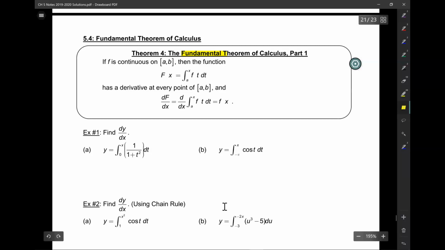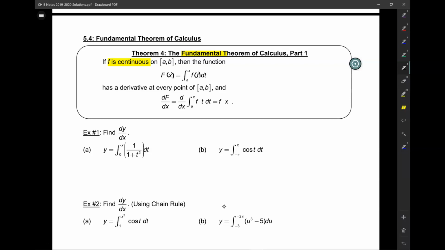a continuous function f, right? So if f is continuous on the interval [a, b], then we've already established the fact that if I integrate little f of t from a to x, then its antiderivative is capital F of x, right?